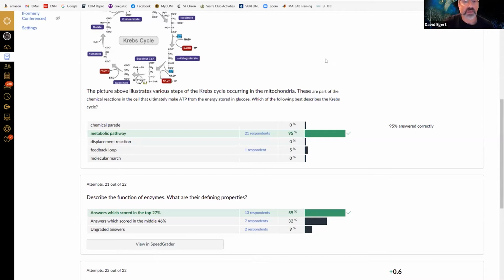Other questions about this? Over the coming weeks, we're going to be spending lots more time looking at relationships between molarity, osmolarity, and things like that. They're going to be critical points.